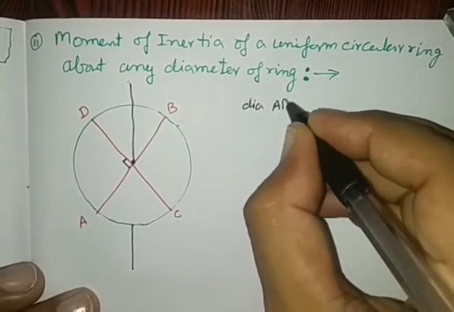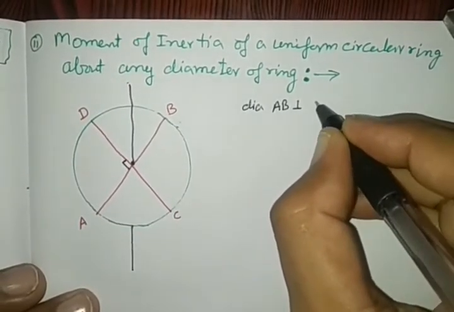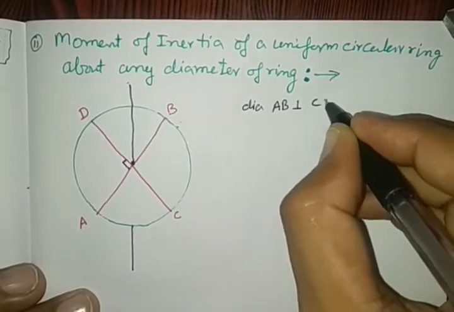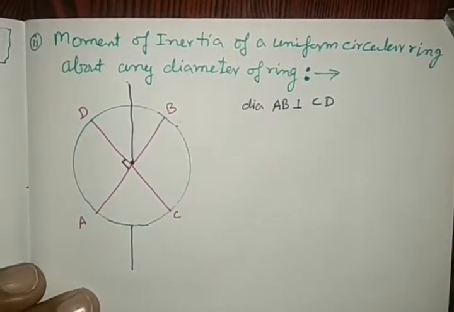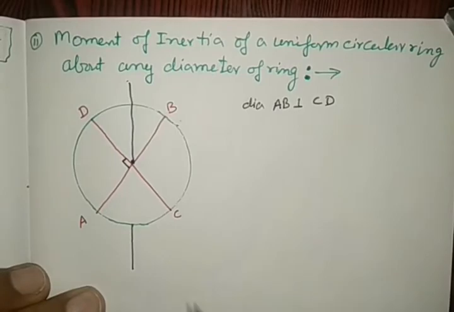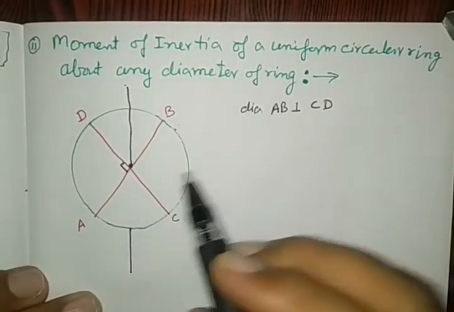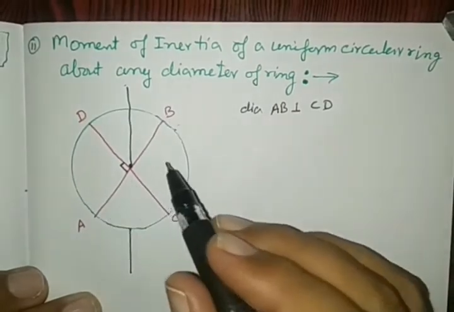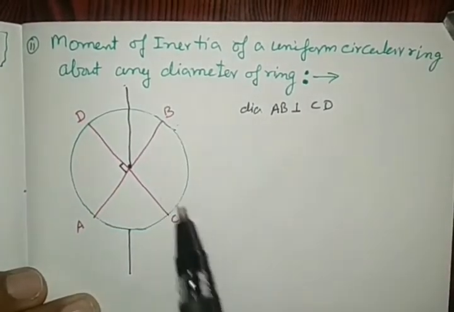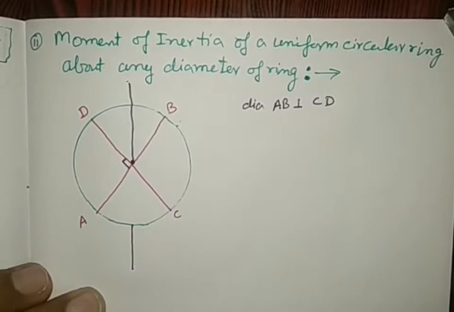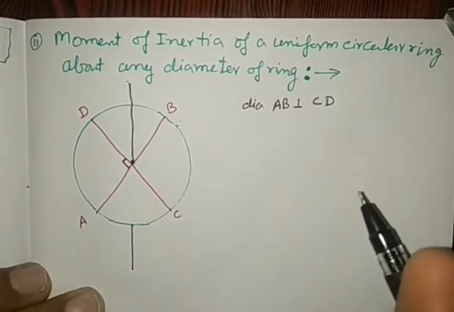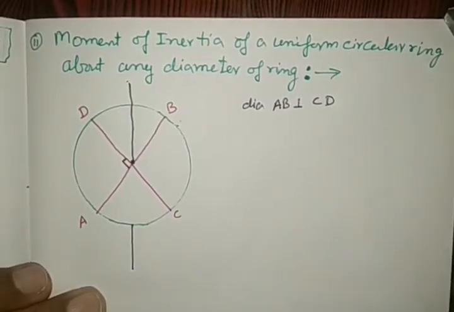Diameter AB is perpendicular to CD. My plan is to obtain the moment of inertia of this ring about either diameter, AB or CD. It will be the same.